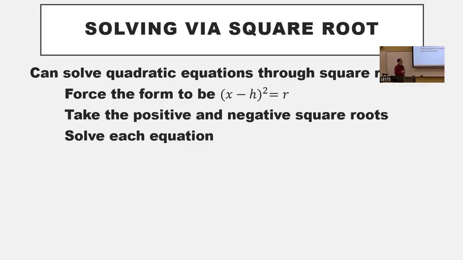And then I just solve each equation. So if I can get my equation to look like this, then I can take the positive and negative square root of the right-hand side and set that equal to x minus h. Essentially what I'm doing is square rooting both sides, but realizing that the x minus h could be a positive number or a negative number.